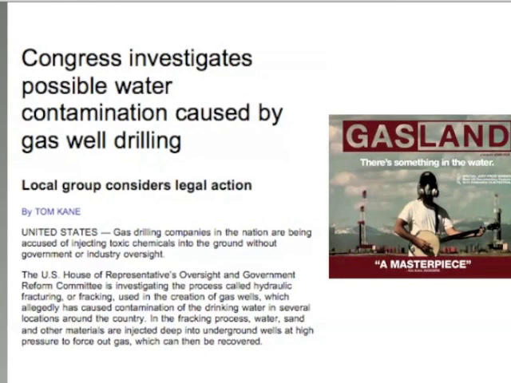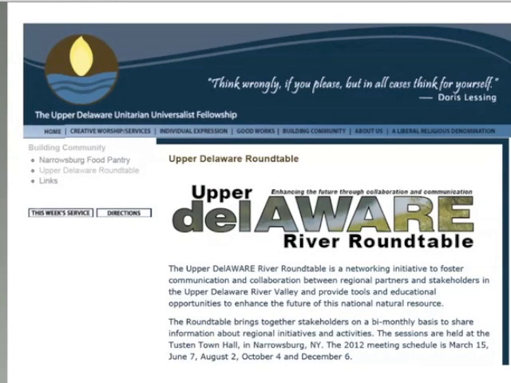They are the Damascus Citizens for Sustainability, and they and the Northern Wayne Property Owners Alliance seemed to be organizations that were on diametric opposite ends of the spectrum. I was grateful when my ministry colleague, Lori Stewart, invited me to participate on the Upper Delaware River Roundtable.